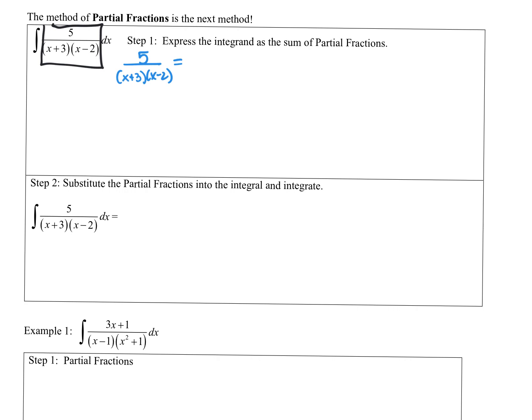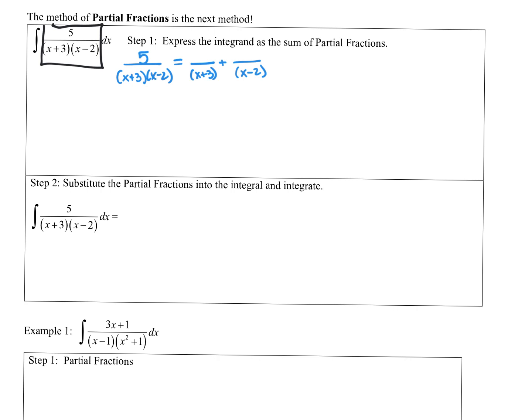Okay? And how can that be broken up? Well, this guy can be broken up into two partial fractions, one for each of the factors in the denominator. So one fraction will have x plus 3 as a denominator, and the other fraction will have x minus 2 as the denominator. If you had an x plus 4 in there as well, you would have a third fraction with x plus 4 as the denominator.